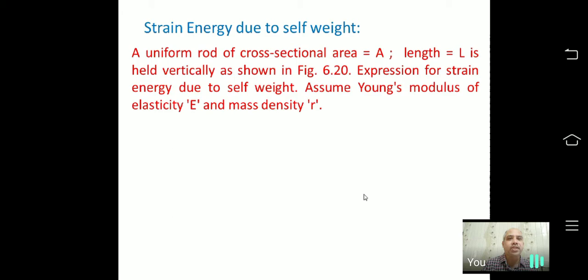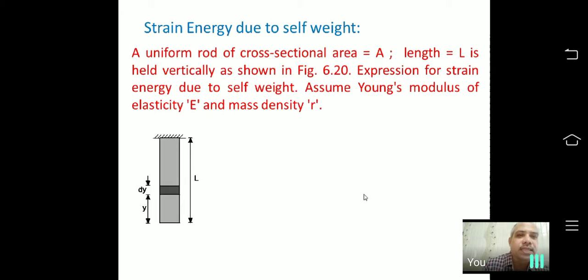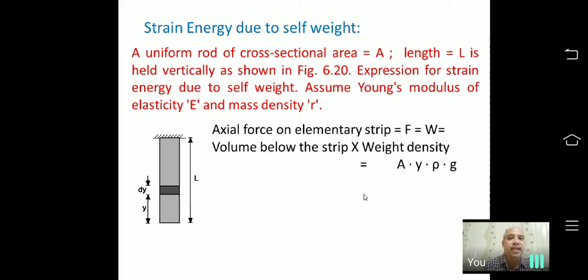Now we can go to the first topic, strain energy due to self weight. If you remember, we covered this in axially loaded members, so it may come under your strain energy.